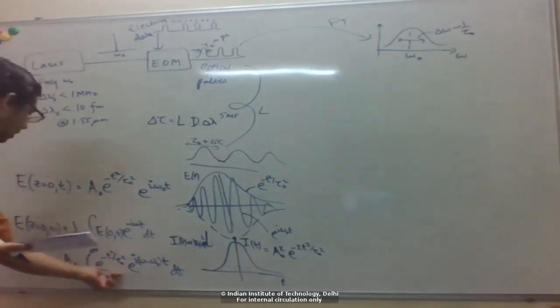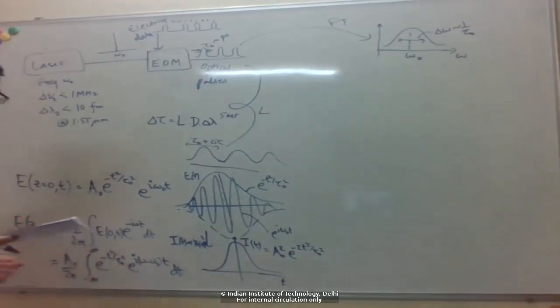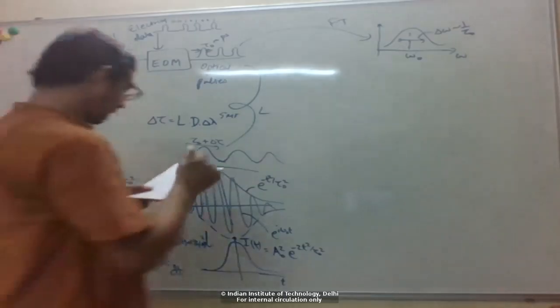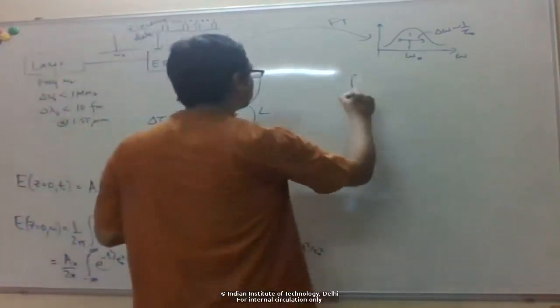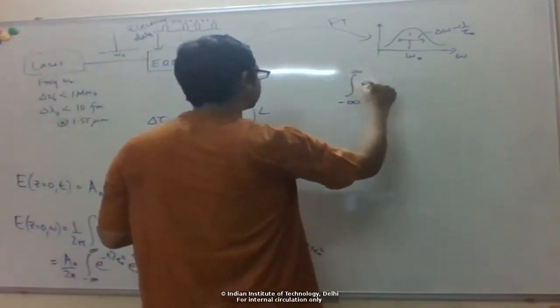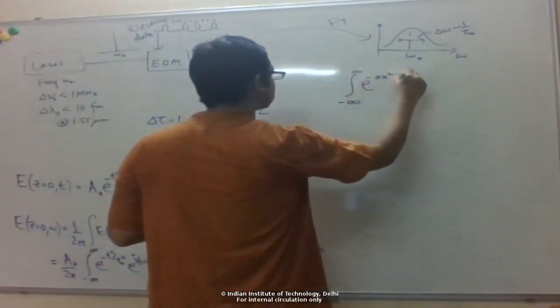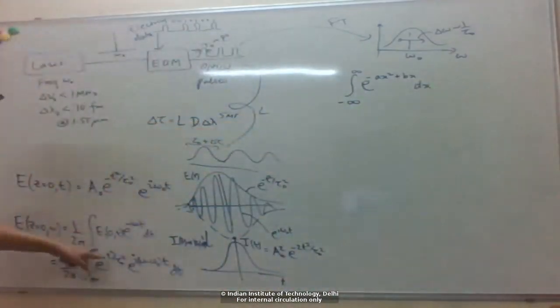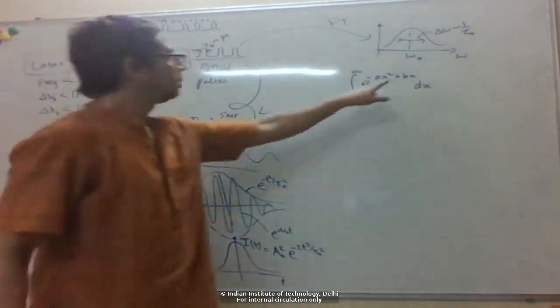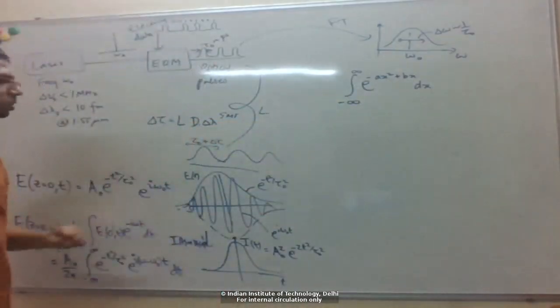Now we have a Gaussian type of integral here. There is an e to the minus t square term, and also an e to the some constant times t term, so this integral is of this form. Here a is 1 over tau naught square, and b is i times omega minus omega naught.